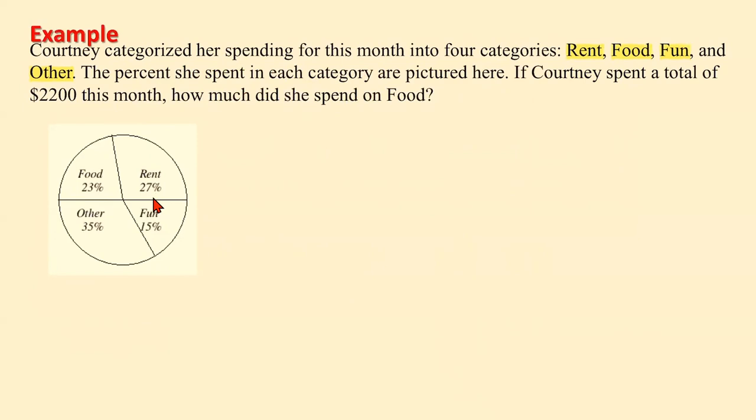So rent, as you can see, 27%, food, 23%, fun, 15%, and others, 35%. Now, what we are asked to do is, if Courtney spent a total of $2,200 this month, that is the total spending, how much did she spend on food?